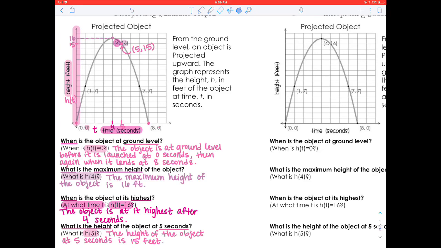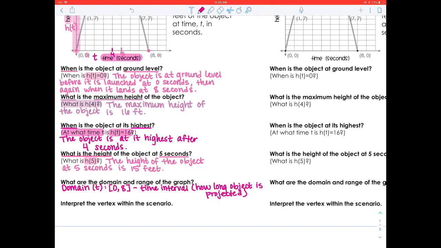And these are also included. The object will be at 0 feet when it launches and lands, and the object will reach 16 feet because that's its maximum height. So again, we will use the hard brackets for these. And so your range in context for this situation is going to be your height interval.